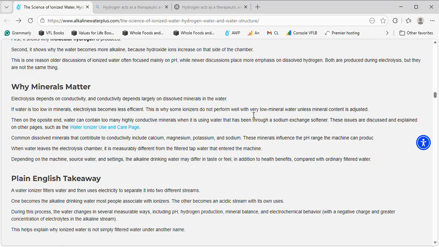So when it's using water that has been put through a sodium exchange softener, there are definitely some issues that are brought up for water ionizers, and I don't recommend that. You need to remove the sodium. So maybe if you have to have your water softened, or if there's nothing you can do about that, then remove the sodium. The only thing that's really going to do that is reverse osmosis, and then go ahead and remineralize the reverse osmosis water.